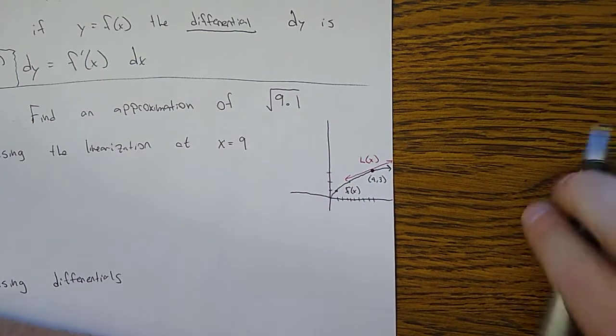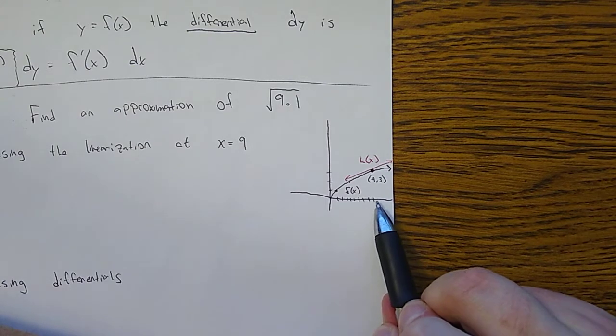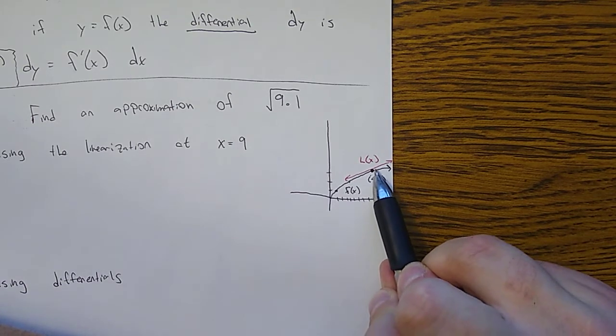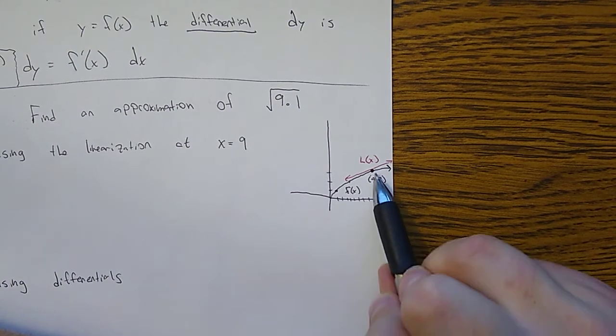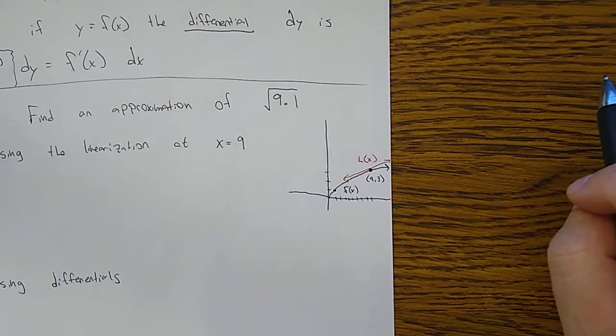And then what I actually want is to evaluate the function at a point just slightly to the right of x equals 9. I want x equals 9.1. So I'm going to find the point on the linearization corresponding to x equals 9.1.